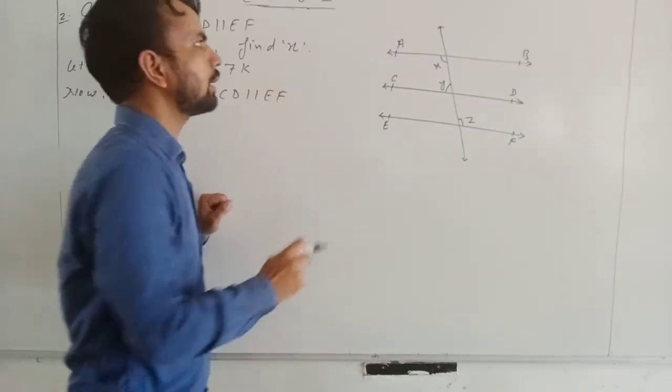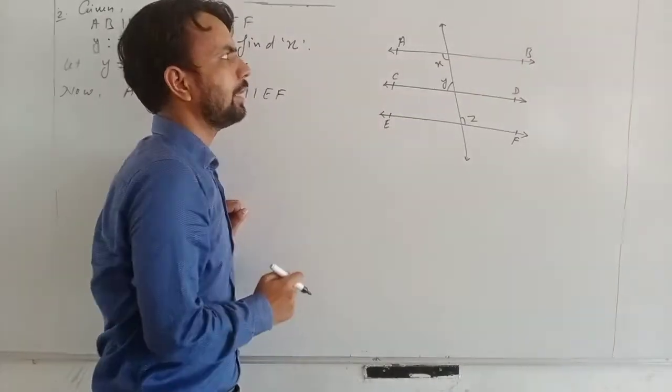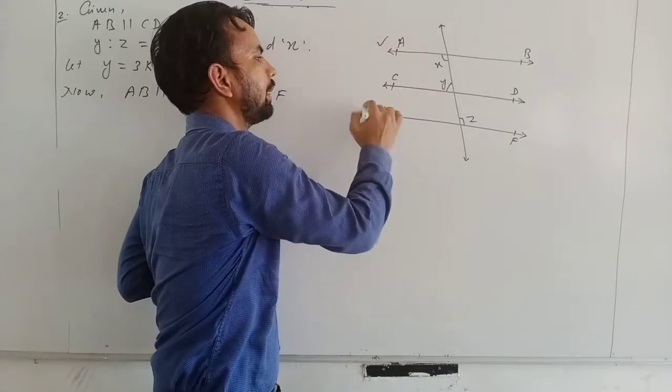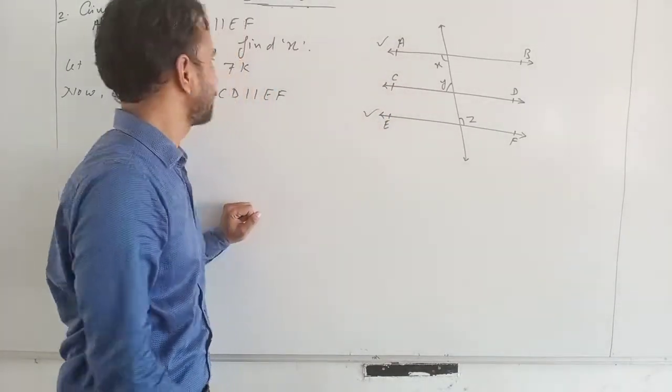So better tell me one thing, if AB is parallel to CD and CD is parallel to EF, then we can say that AB and EF both are parallel to each other. Yes, because AB is parallel to CD and EF is also parallel to CD. That means AB and EF both will be parallel to each other. So implies that AB is parallel to EF.